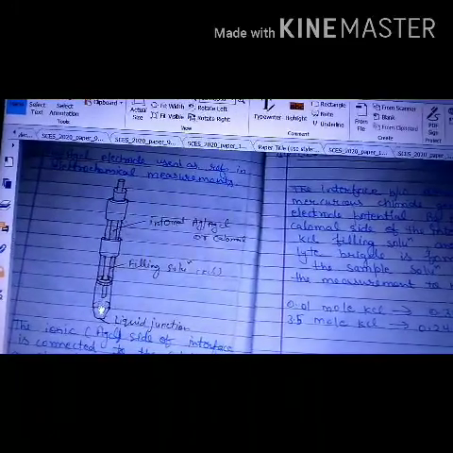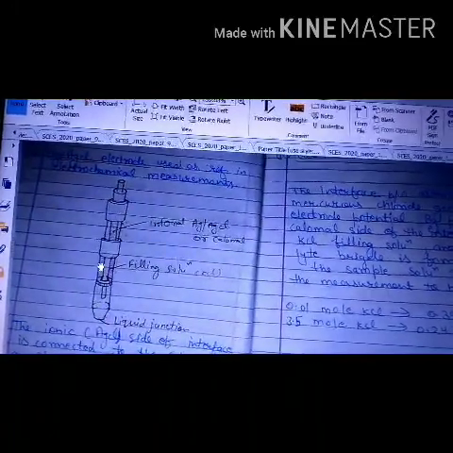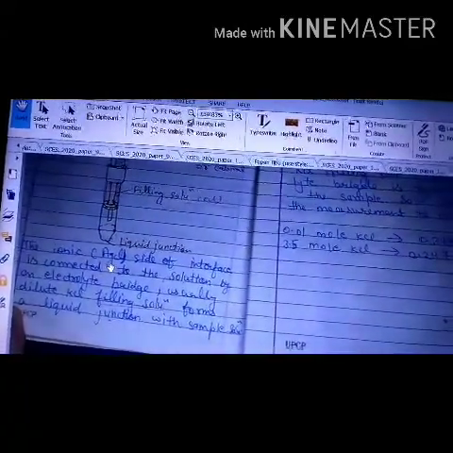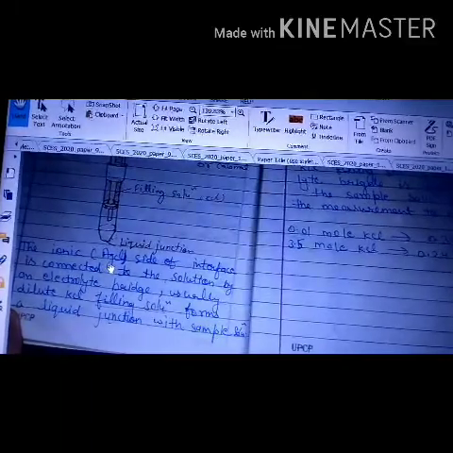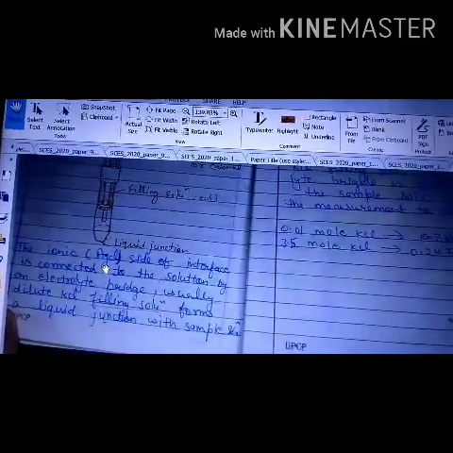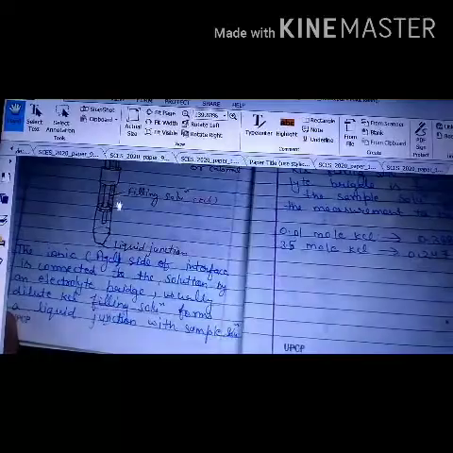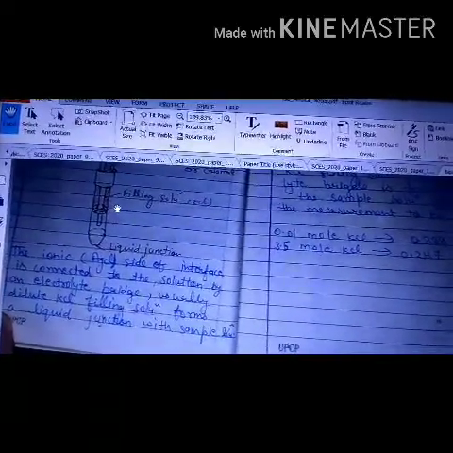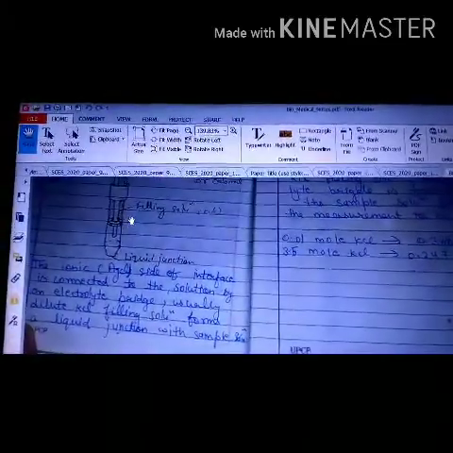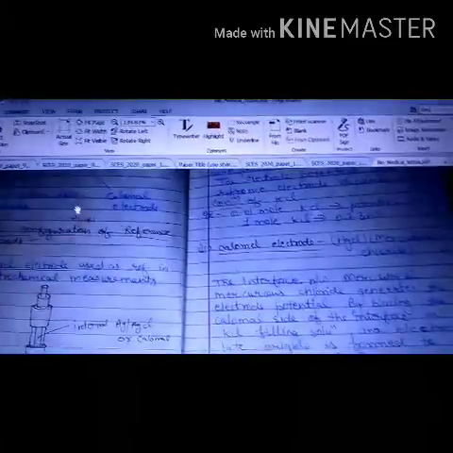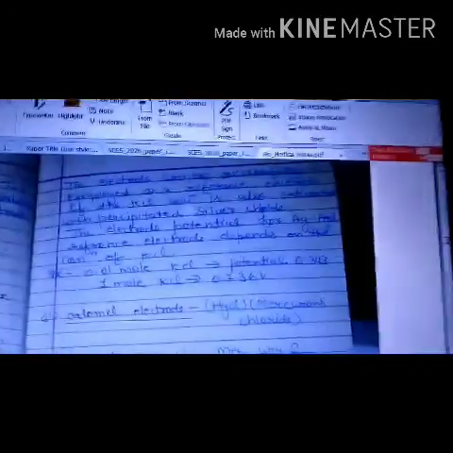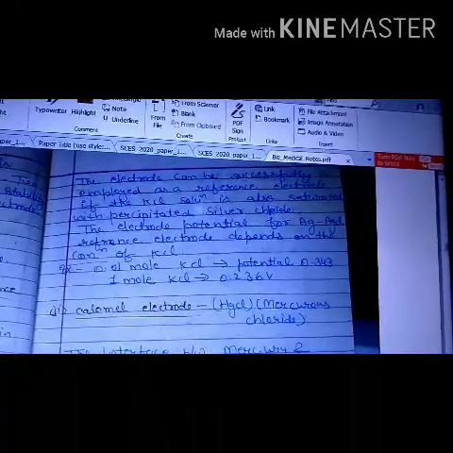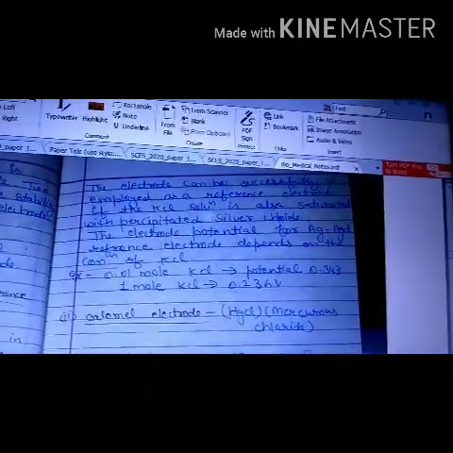So the ionic AgCl side of the interface is connected to the solution by an electrolytic bridge, KCl, which is functioning here, and is usually a dilute solution in the form of a liquid junction with the sample solution. Now the electrode can be successfully employed as a reference electrode if the KCl solution is also saturated with precipitated silver chloride.